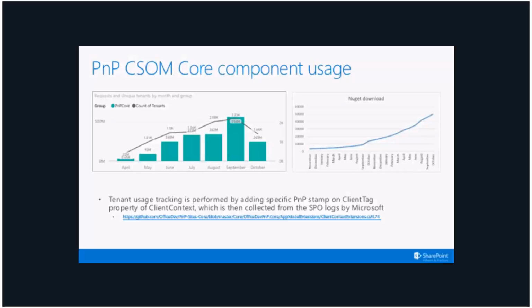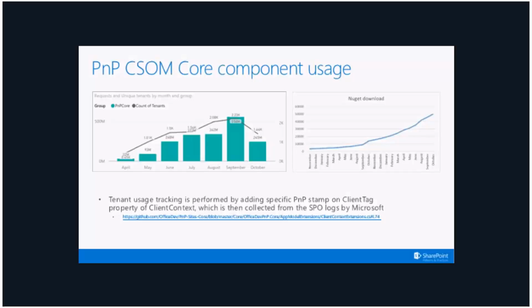And that's a super impressive number. If we have a look at the growth in October, it seems we're hitting 800 million requests through the PMP CSOM core component. So people are using the core component more and more within their customizations to automate stuff, to play around with, or to use the engine itself, or use the other capabilities within the core component.